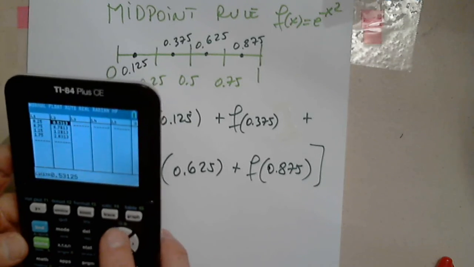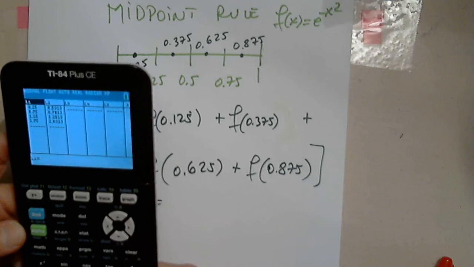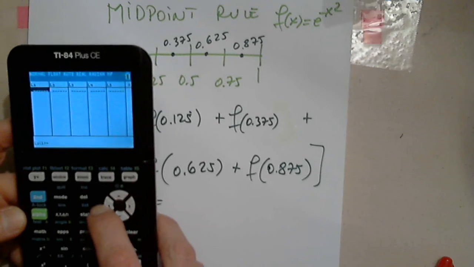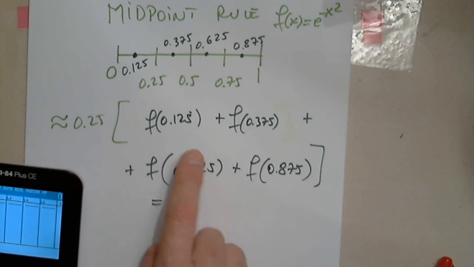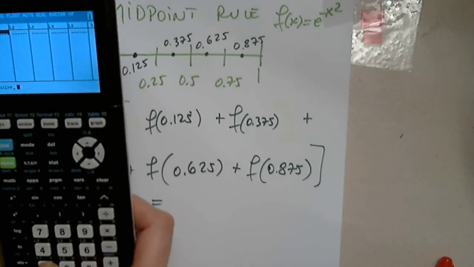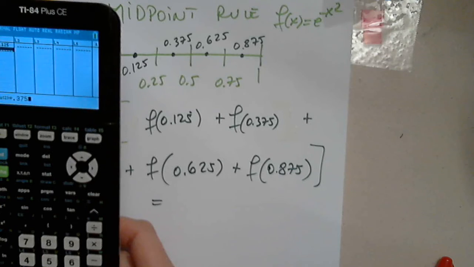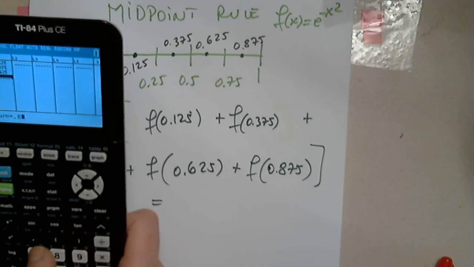I'm going to edit my lists like we did before. Clear. So these are the numbers that I need to plug in as x values: 0.125, 0.375, 0.625, and 0.875.